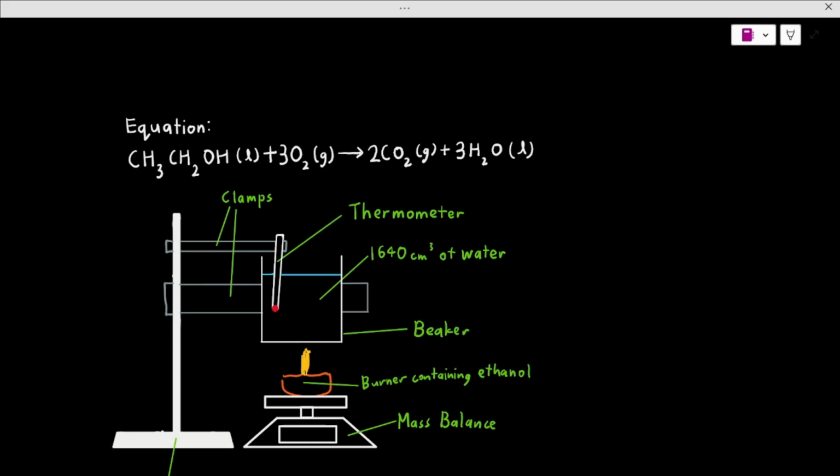We would need to measure the temperature change, so we have a thermometer, and we have a mass balance to determine how much ethanol we have used for this, and we have retort stands and clamps to just secure everything in place.